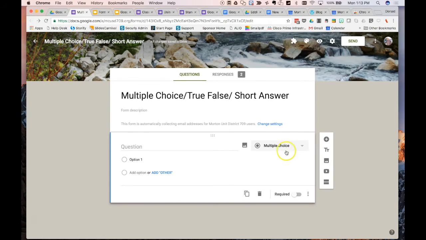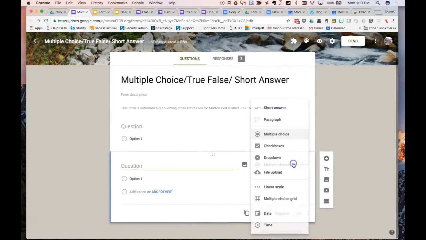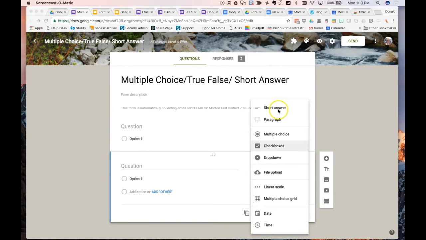But you'll notice if you select this plus right here, you have some different options for different kinds of questions, from short answer, paragraph, multiple choice. Checkboxes allow you to do more than one choice.